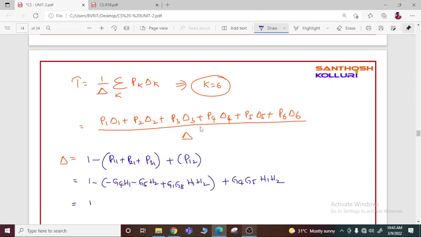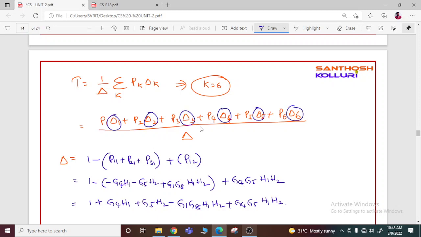So this is nothing but 1 plus G4 H1 plus G5 H2 plus G1 G8 H1 H2 plus G4 G5 H1 H2. Now we need the calculation of delta 1, delta 2, delta 3, delta 4, delta 5, delta 6. If we calculate this, then the problem will be completed.